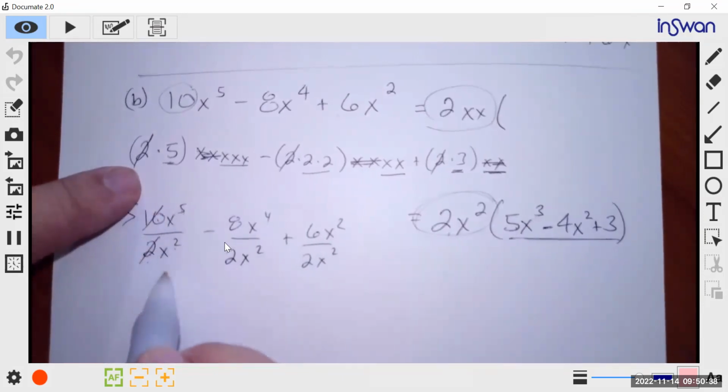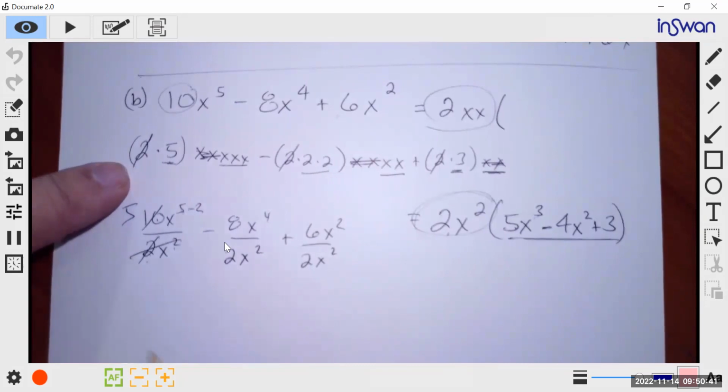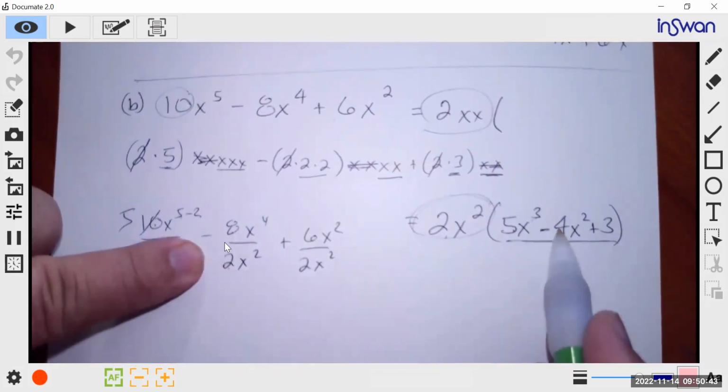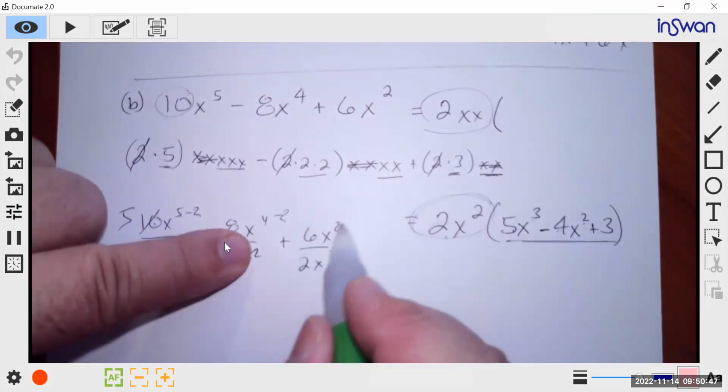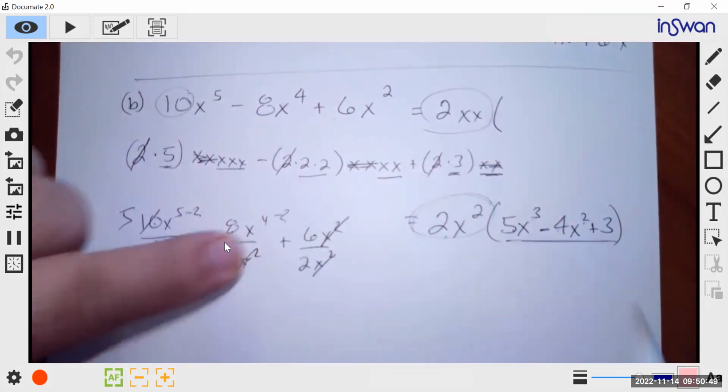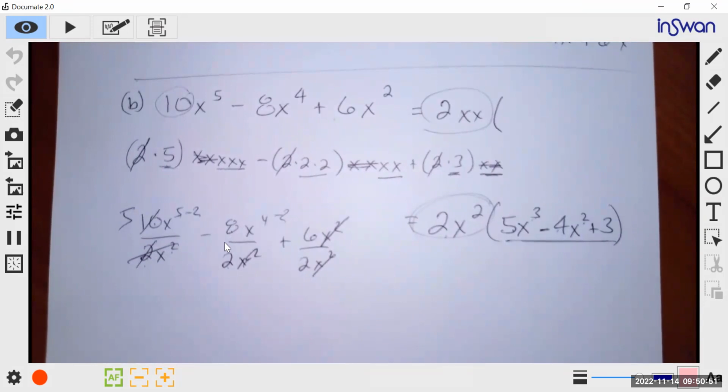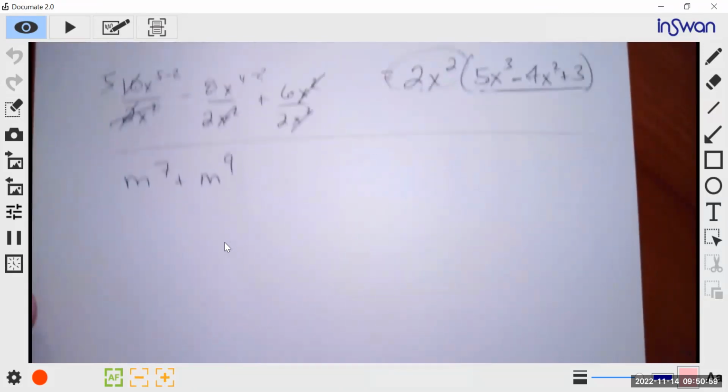So I subtract 2. 8 divided by 2 is 4. 4 minus 2 is 2. X's cancel. 6 divided by 2 is 3. So that's an easy way to check your answers. Factor this one out.